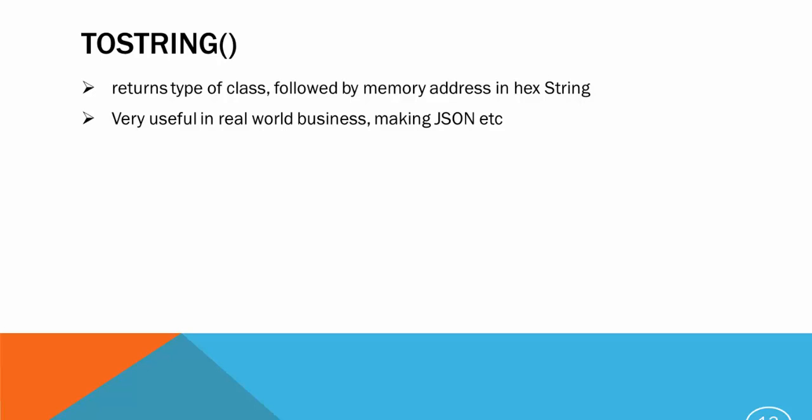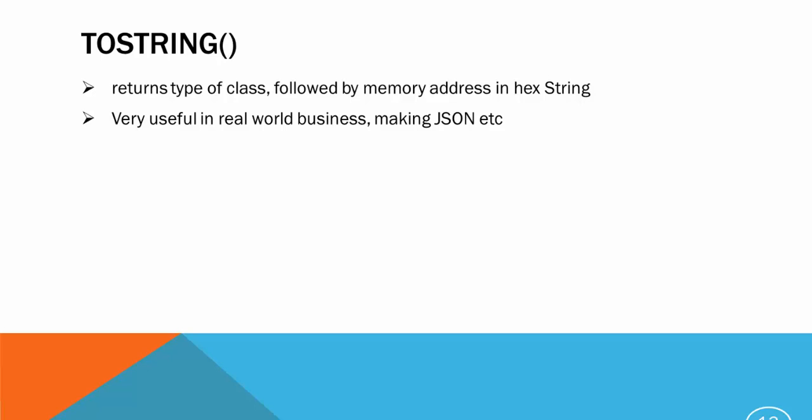We have already gone through the toString method. When we override toString on any object, we can write a custom message wrapping around the properties of that class. This is very useful in the real world, like making JSON or writing a custom message.